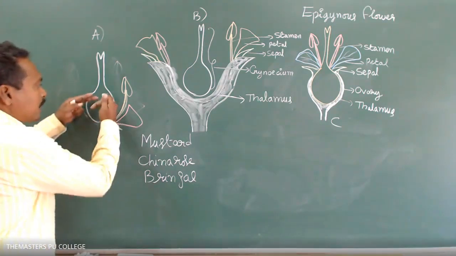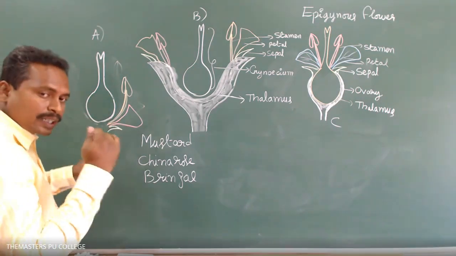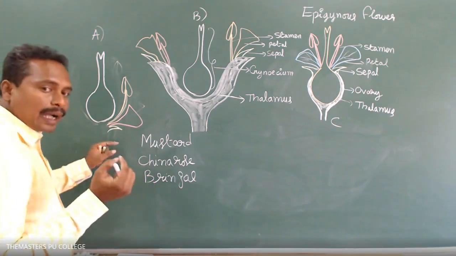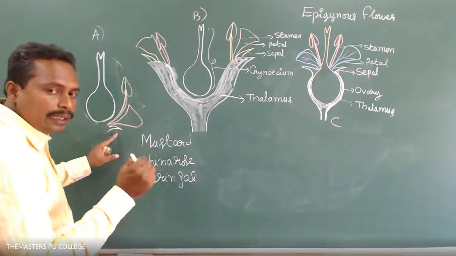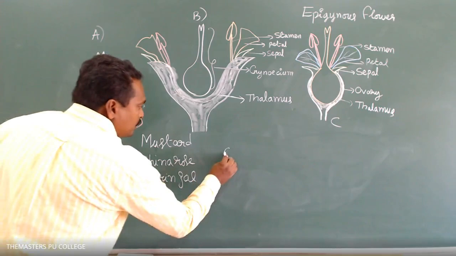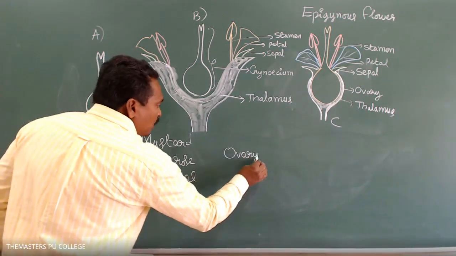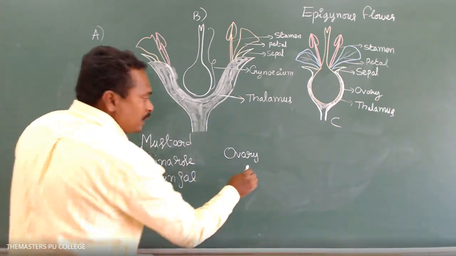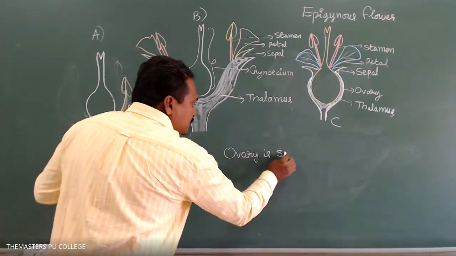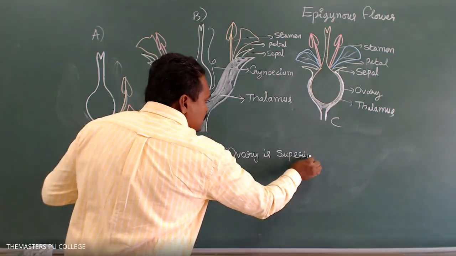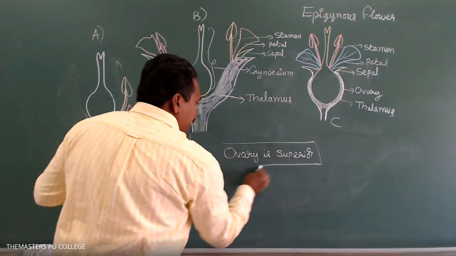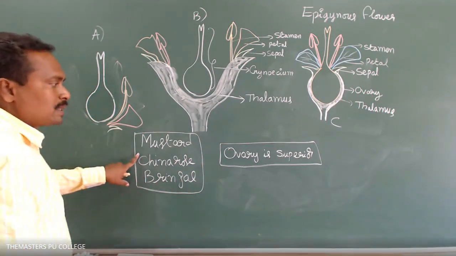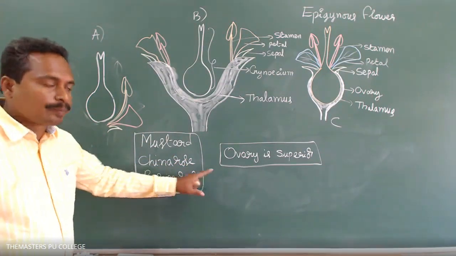The gynoecium is in the highest position; the ovary occupies the highest position. In hypogynous flowers, the ovary is superior. From an objective point of view, these are important examples, and the ovary is superior.